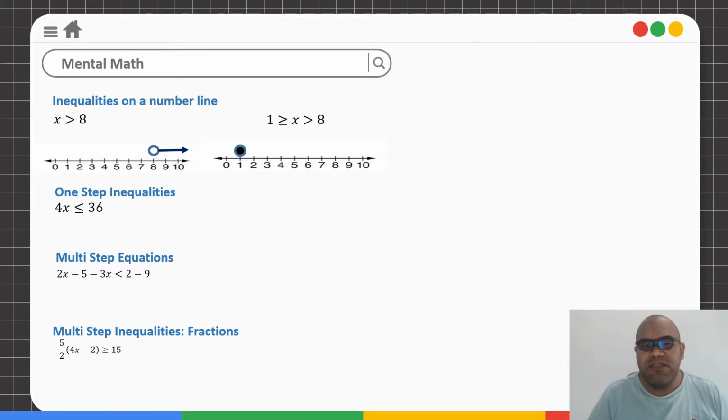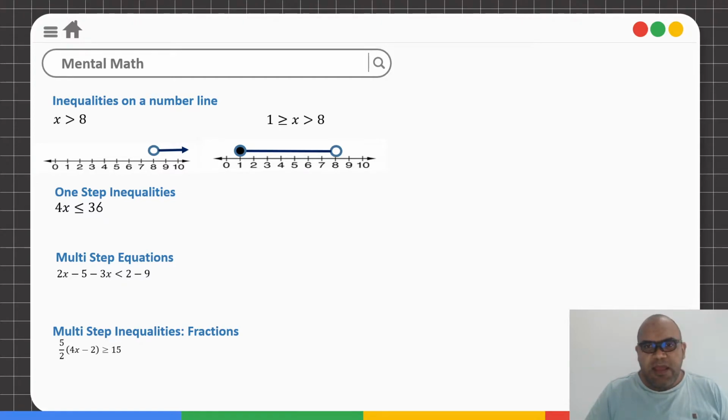Why closed, mister? Because number 1 is part of the results. This is a compound inequality, and we have a line connecting open and closed circles because this is the range of our results. This is the way we represent this kind of problem.